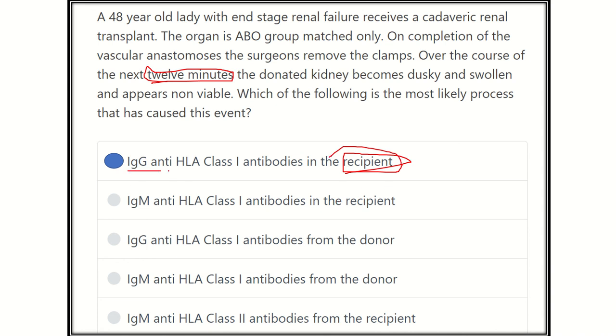So our answer is IgG anti-HLA class 1 antibody in the recipient, because the antigen is present in the donor kidney and the antibodies are present in the recipient. Another option is antibody from the donor, but that is not correct. In the donor it is antigen, and in the recipient it is antibody. Thank you all.